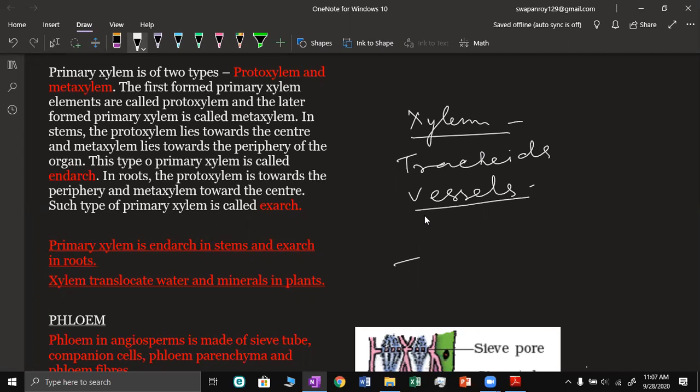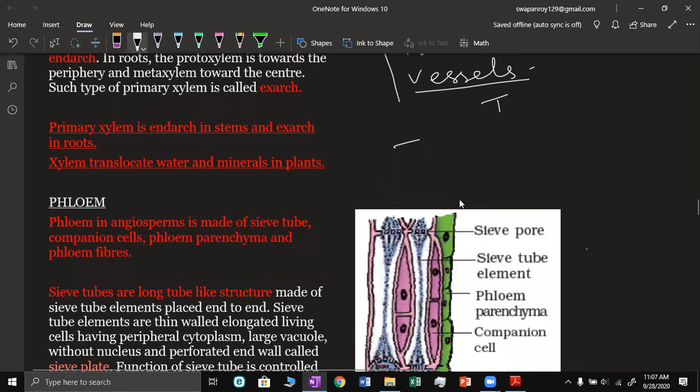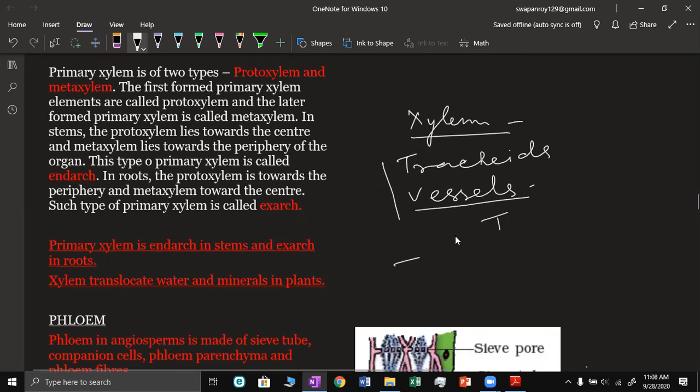These tracheids and vessels are the main transporting elements.